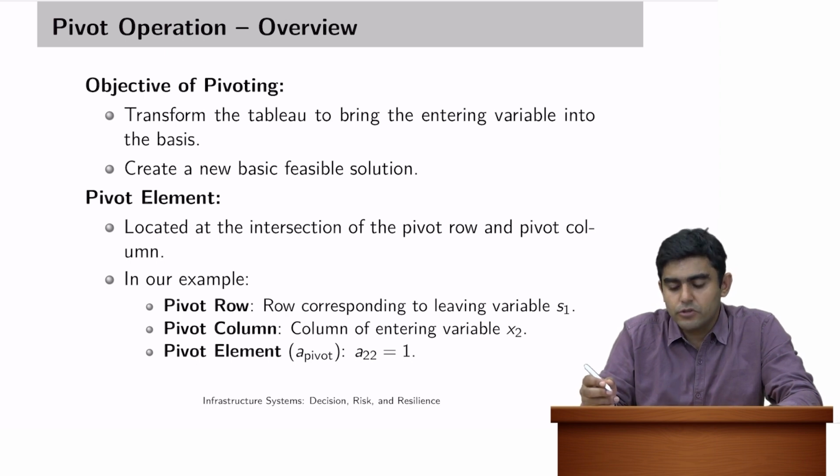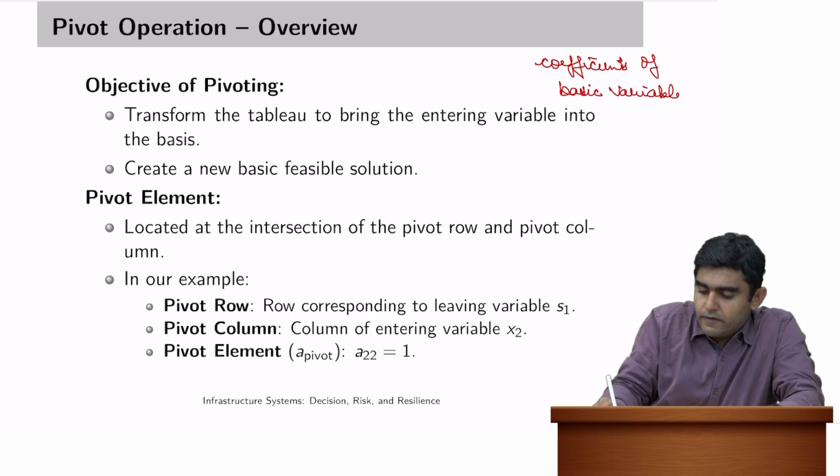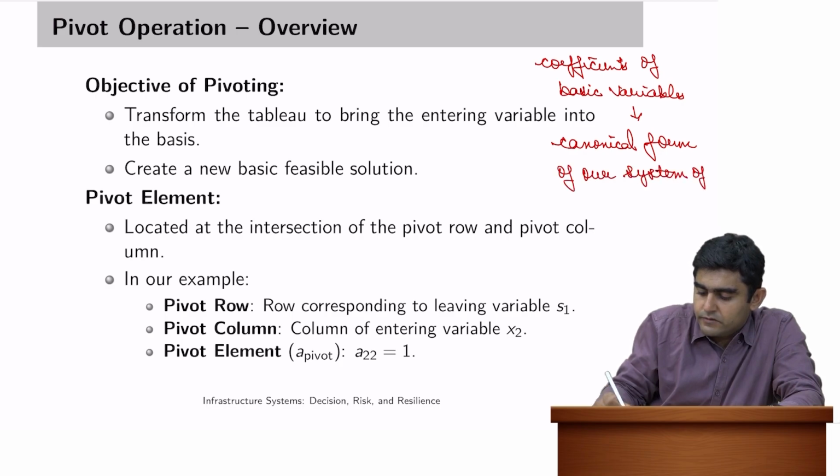So what we have to ensure is that we update the values of all coefficients of basic variables in such a way that the canonical form of our system of linear equations is preserved.